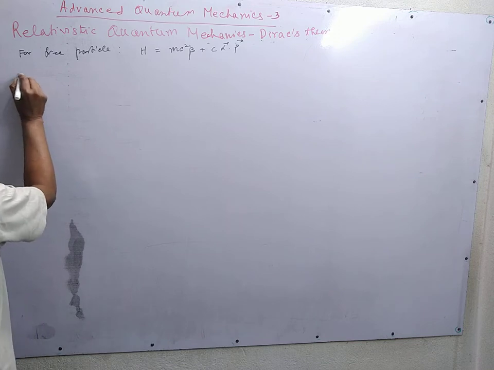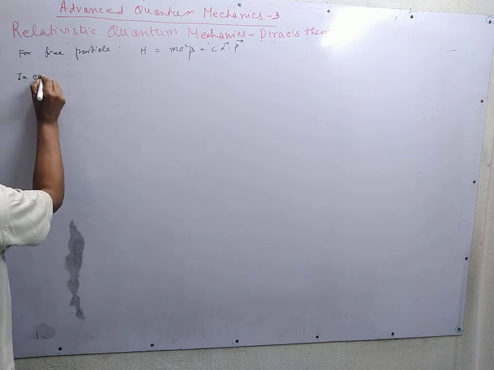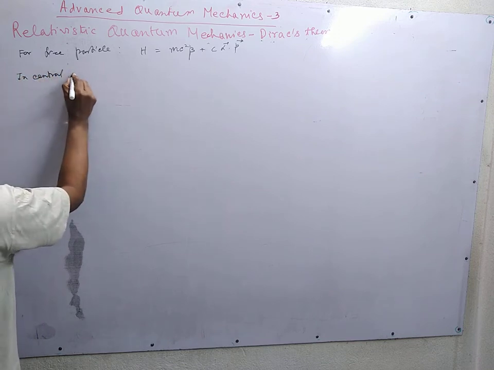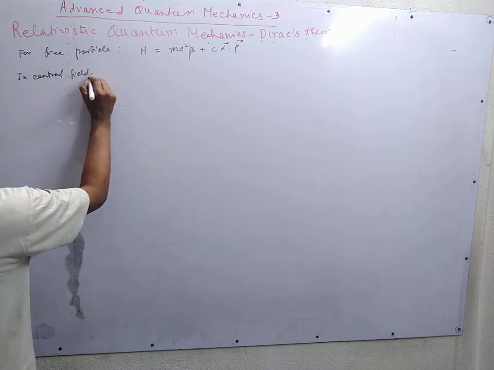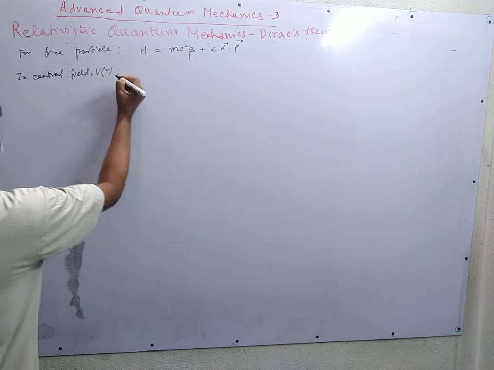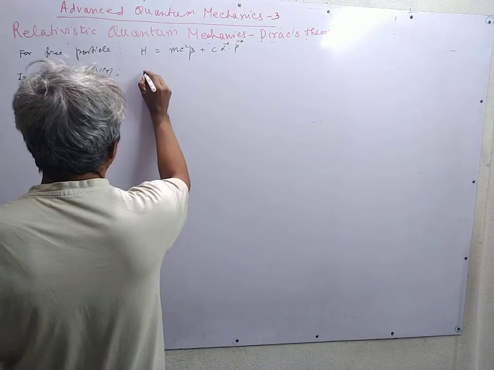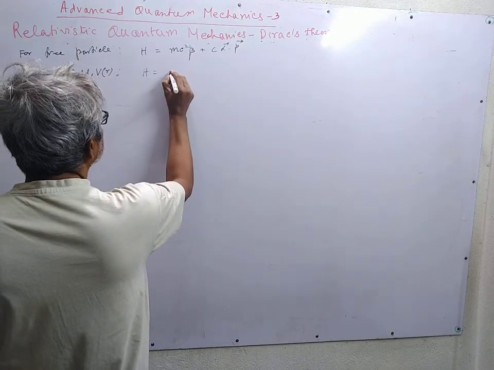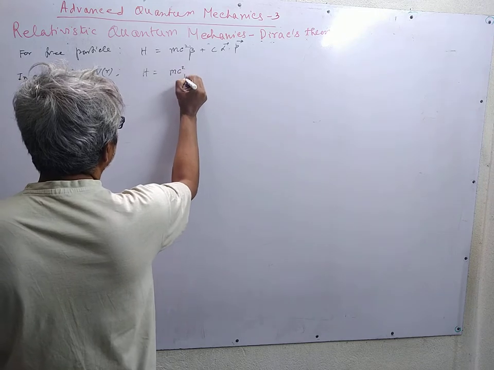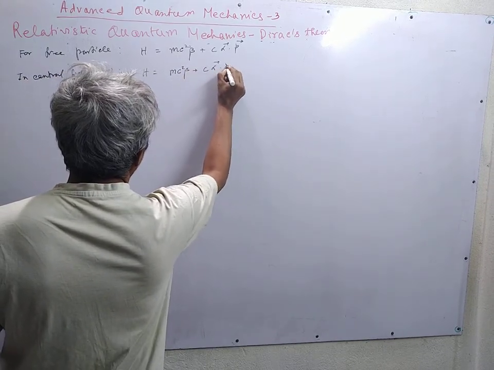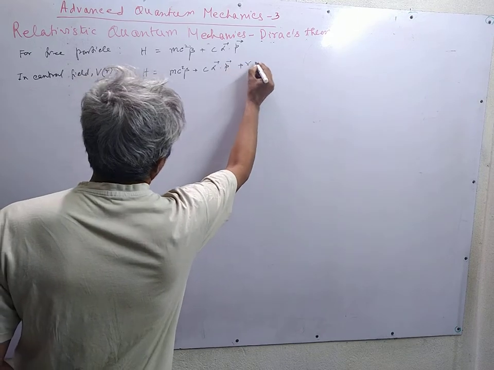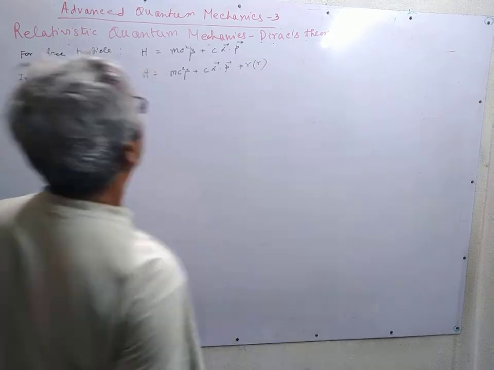In a central force field, represented by the potential V of r, the Dirac Hamiltonian is this plus V of r.